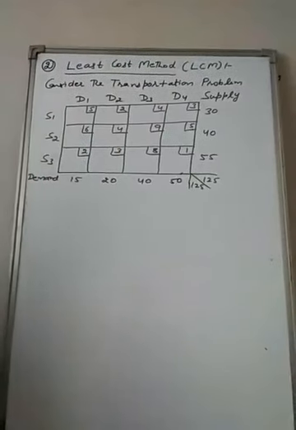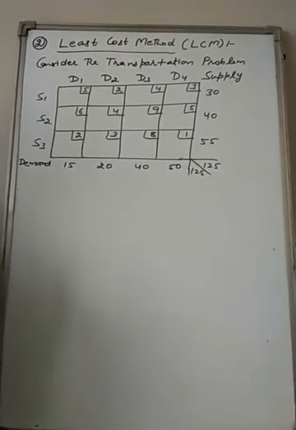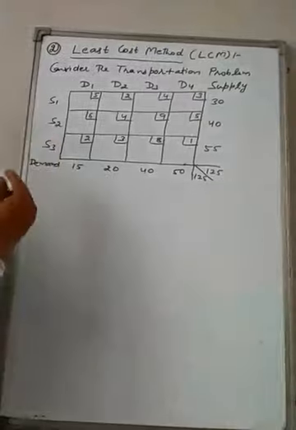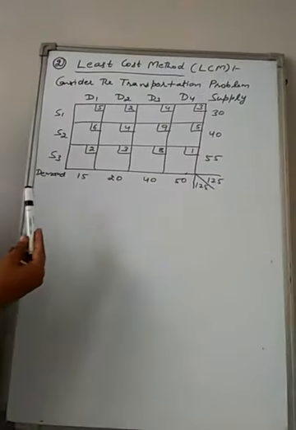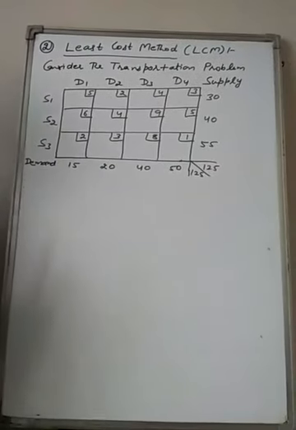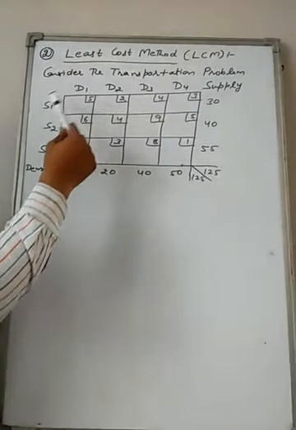Now the allocation procedure in all the three methods is same, but cell selection in all the three methods is in a different way. As in northwest corner method, we select cell always as northwest corner.